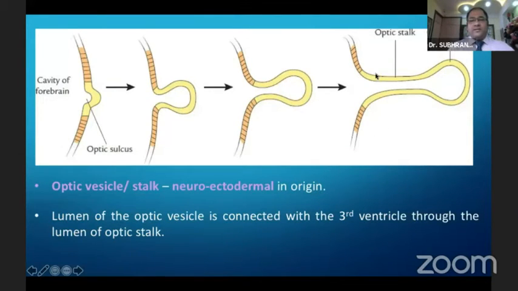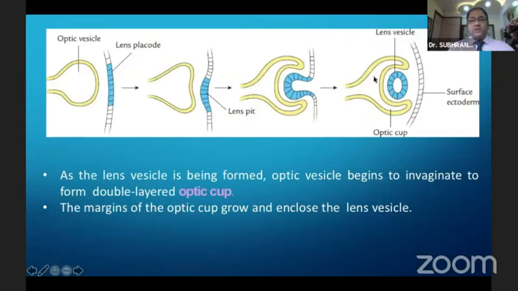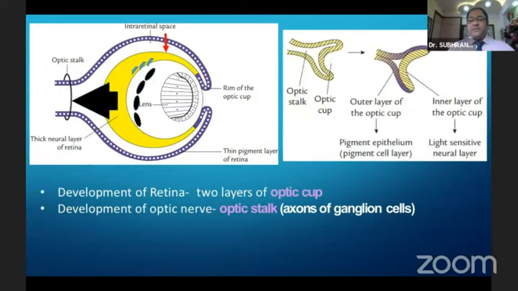This outpouching ultimately forms the optic stalk and the optic vesicle, which envelops the lens vesicle subsequently. The development of the retina takes place from the two layers of the optic cup, whereas the development of the optic nerve takes place from the optic stalk, which is basically the axons of the ganglion cells.